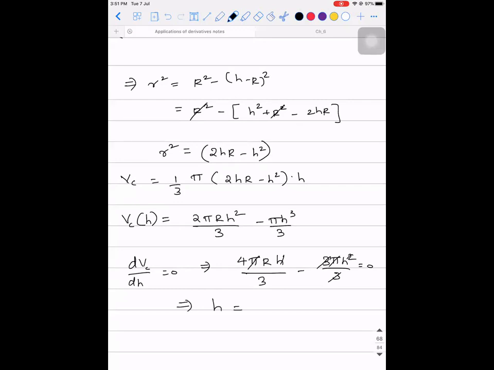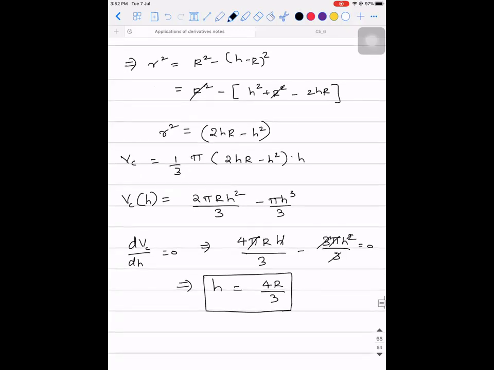So H will be equal to 4R by 3. This might also be asked: prove that the height of the cone which has the maximum volume that can be inscribed in a sphere is 4R by 3, where R is the radius of the sphere.